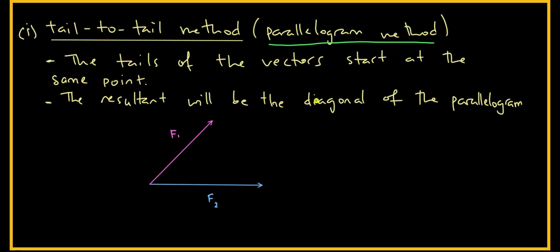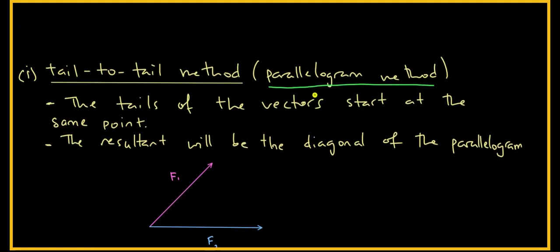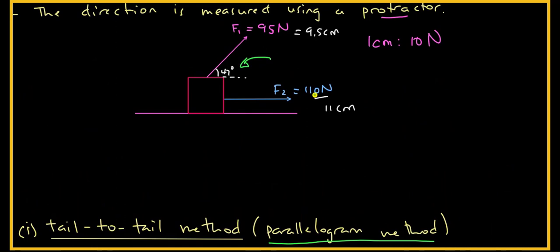Then the resultant will be the diagonal of a parallelogram. In this diagram, I can simply move the vectors around. A vector can be moved around like this. You can take this vector and put it there. As long as I don't change the magnitude and the direction, it will still remain the same vector.